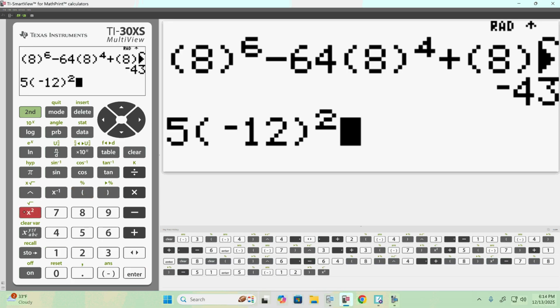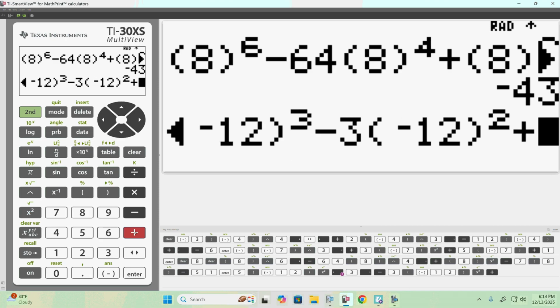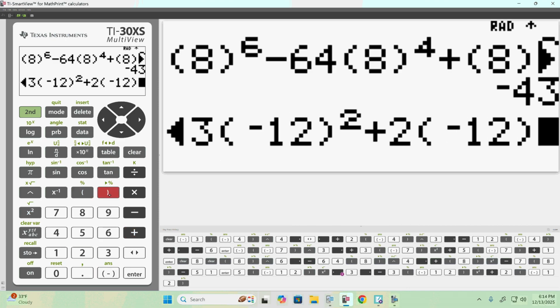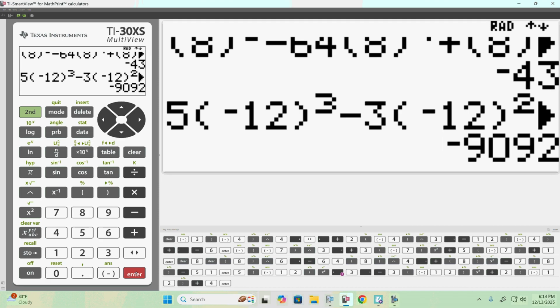You replace the variable, that x, with negative 12. I would definitely put the negative 12 in parentheses every single time, just to make sure that the exponents and that negative are used properly.